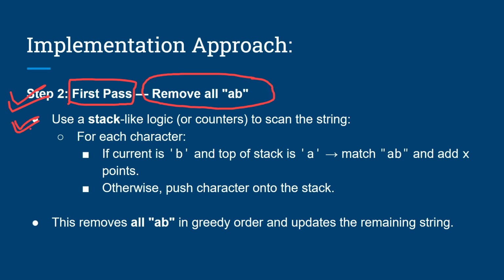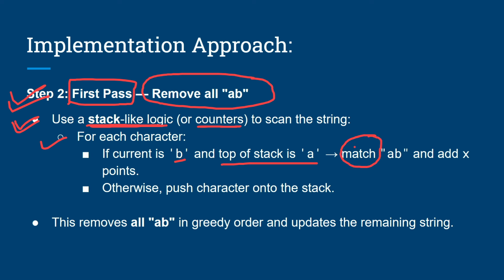We'll use stack-like logic, or you can say a counter, to scan the string. There are two approaches you can take: either you can use a stack, that is fine, or you can use a counter. For each character, if the current is B and the top of the stack is A, we get a match.